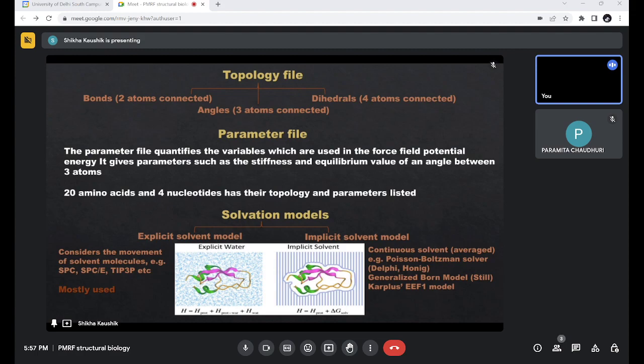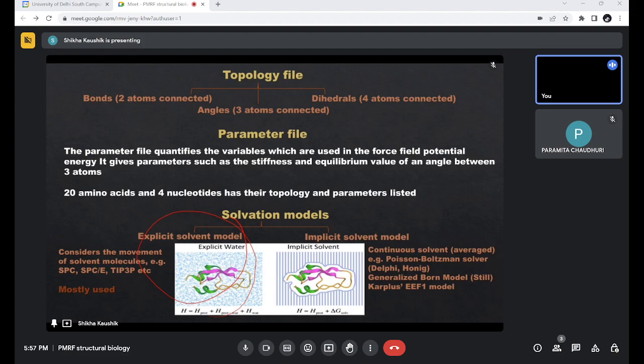If I talk about the explicit solvent model, this is the model that relies on using hundreds or thousands of discrete solvent molecules. This model is giving you a lot of molecules, as is actually present in the real scenario. In real cell conditions, where millions of proteins are there, a lot of solvent molecules are present. So it gives you an environment where you have hundreds or thousands of discrete solvent molecules around your actual structure.